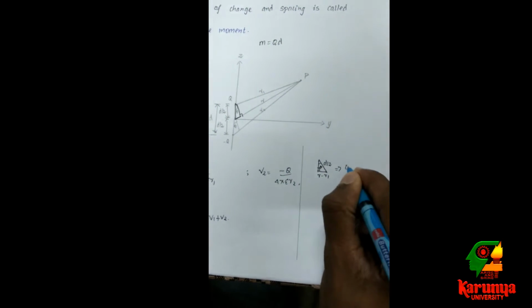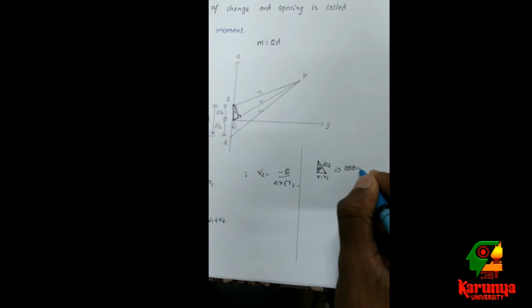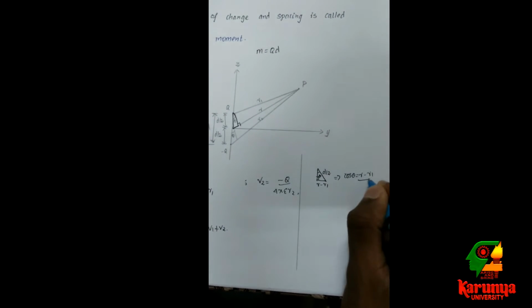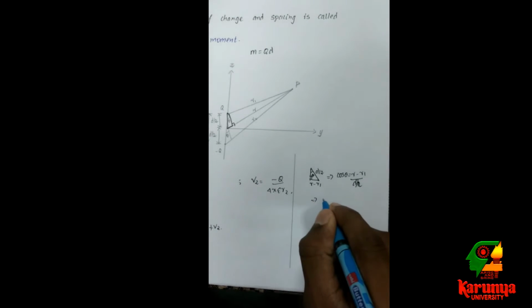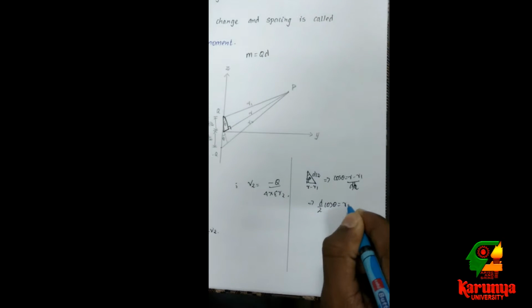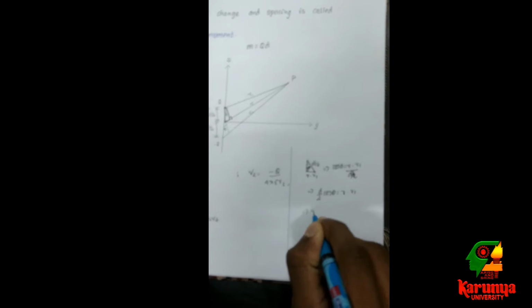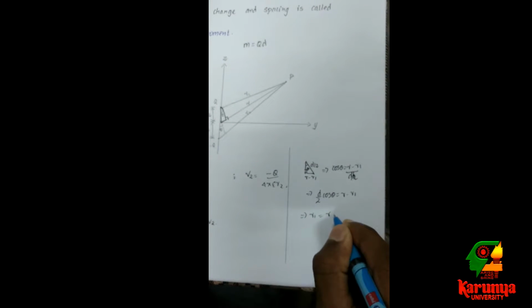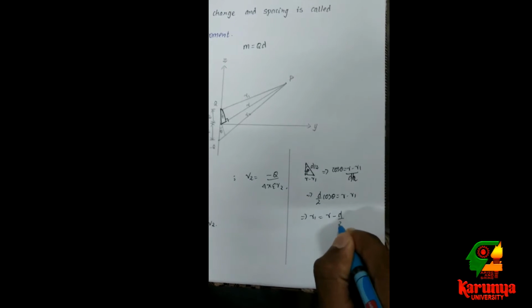On finding the value of cos theta, we write it as r minus r1 by d by 2. That implies d by 2 cos theta is equal to r minus r1, so r1 is equal to r minus d by 2 cos theta.